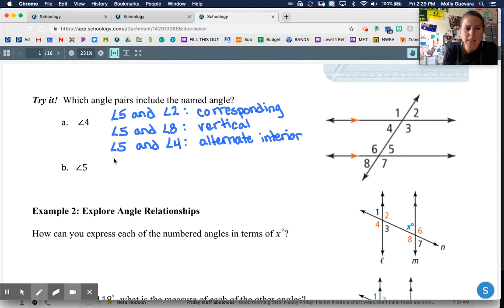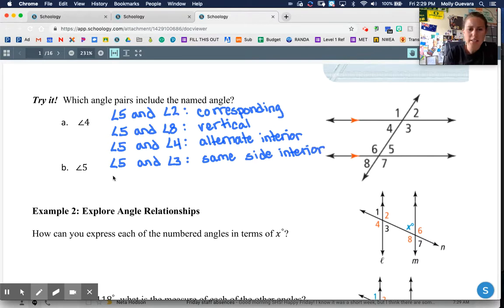Let's see, I see that angle 5 and angle 3 are same side interior. Remember, that means that they add to 180. They are same side interior.